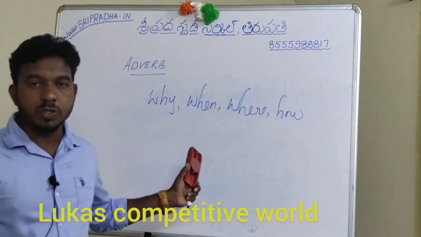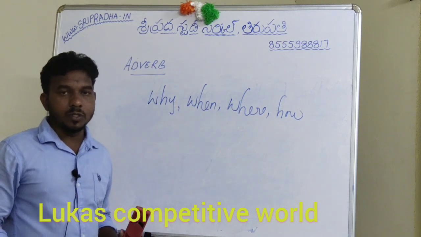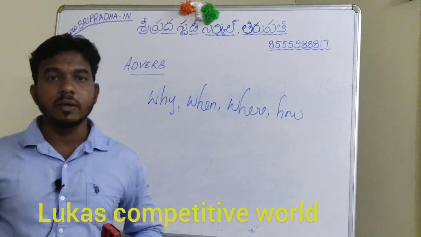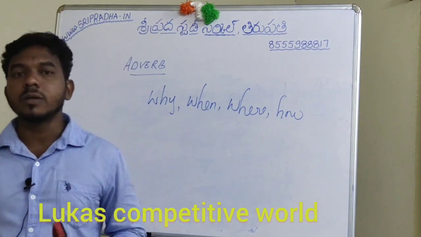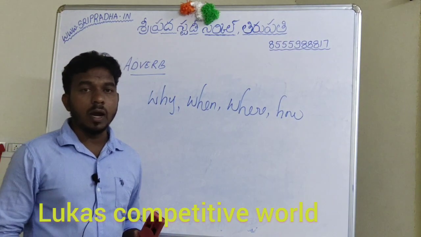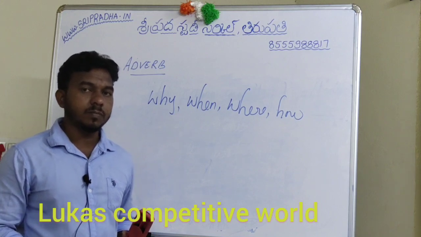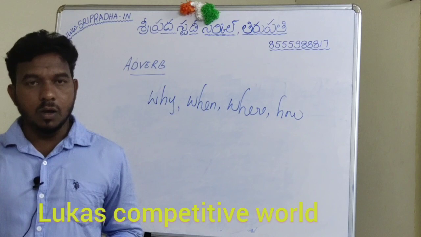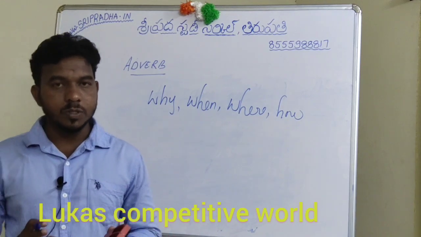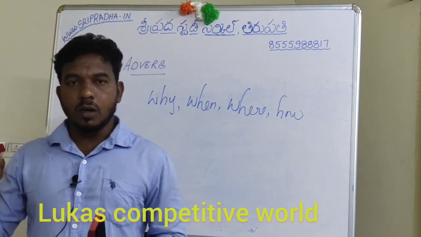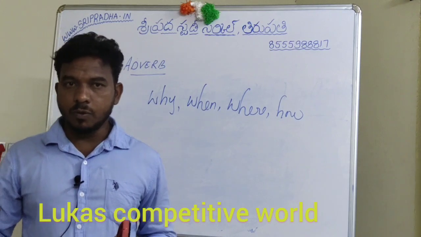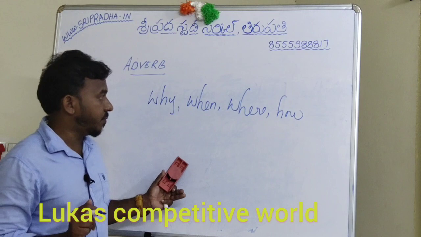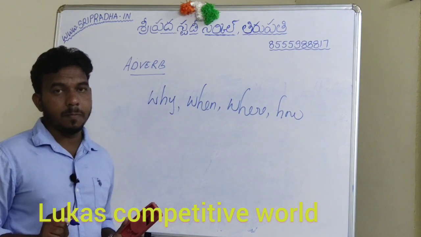These WH words come under adverbs. Do not get confused: if you find why, when, where, or how underlined, you can say it's an adverb. It's called interrogative adverbs. So now we have talked about all kinds of adverbs. Once again: adverb of place, adverb of time, adverb of frequency, adverb of manner, and interrogative adverbs.